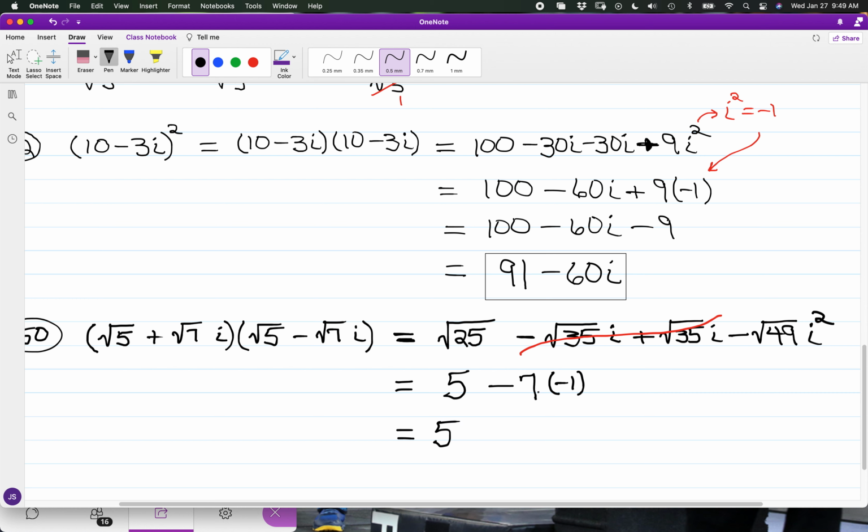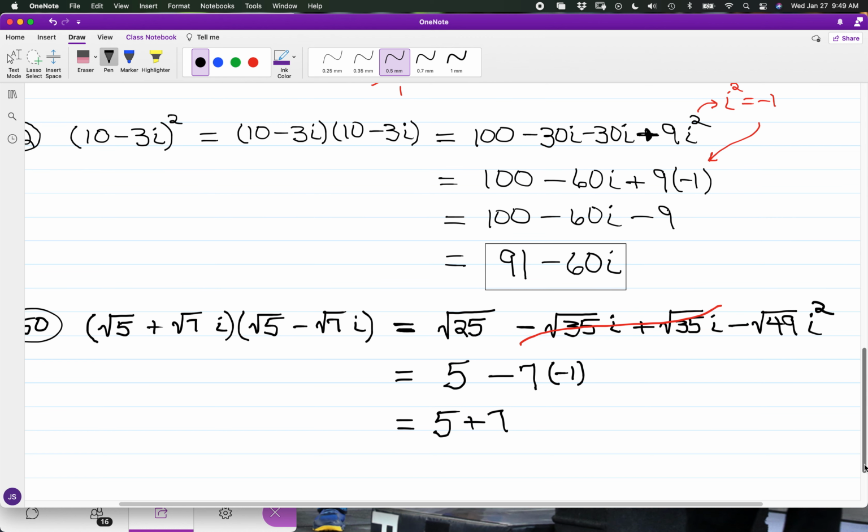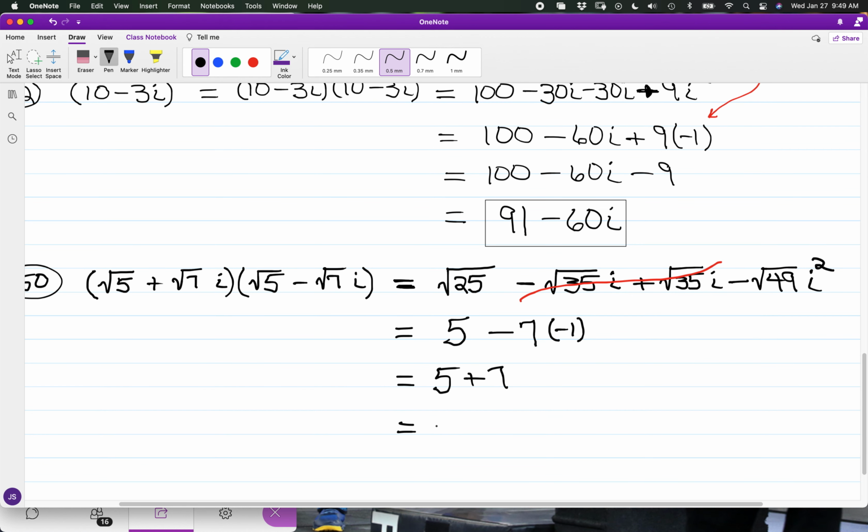So we've got 5, negative 7 times negative 1 goes to positive 7, and 5 plus 7 is 12. If I had to display it in any other way, you have a non-negligible a term only. The b term is negligible. If this were expressed just to show the bi term, this would be 12 plus 0i, and 0i is still 0.